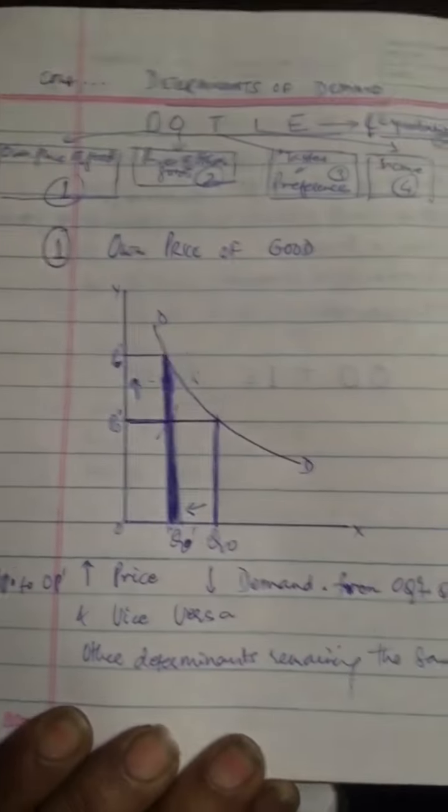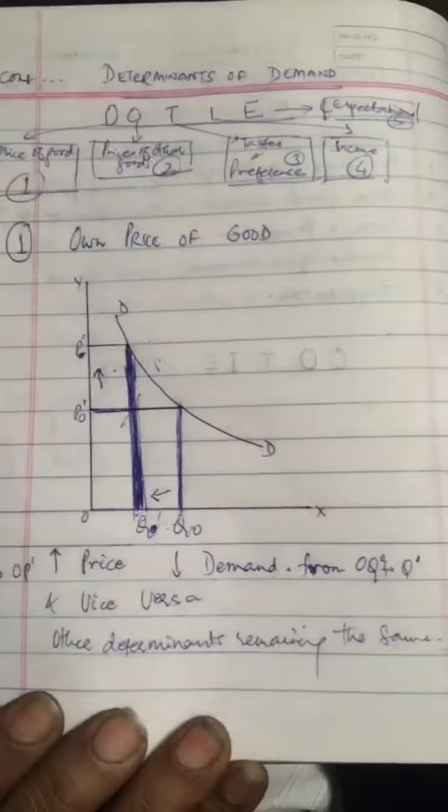Now look at this. In this we see that when the price falls, then the demand increases. So you can see it over here, from OP0 the price has fallen to OP1, and so the quantity demanded increases.